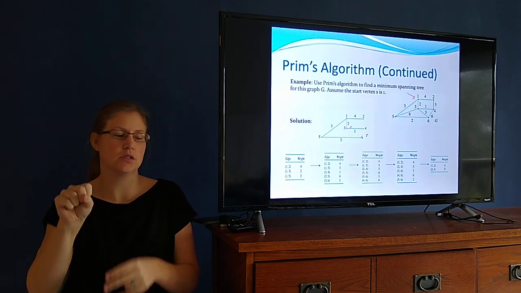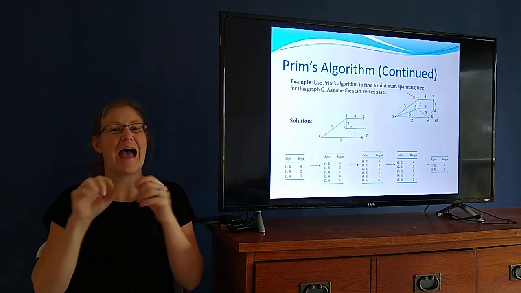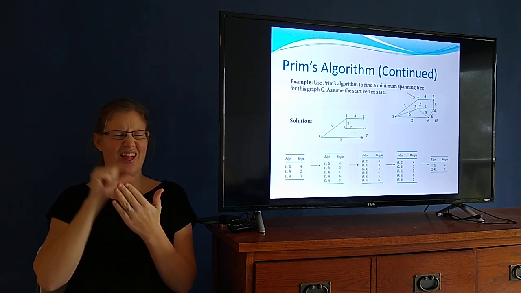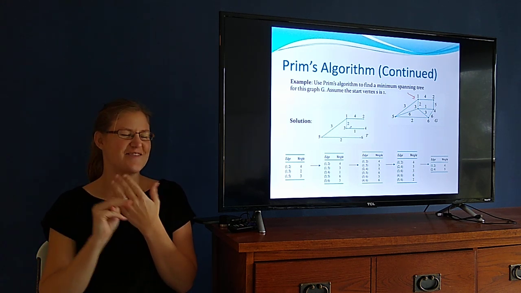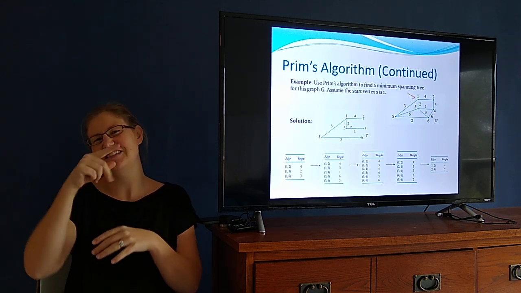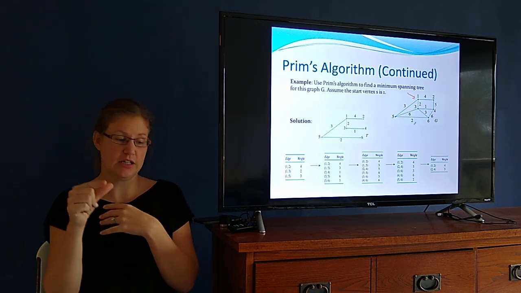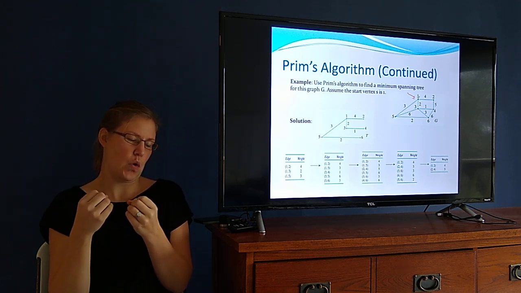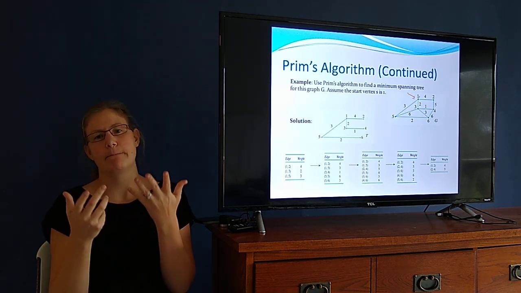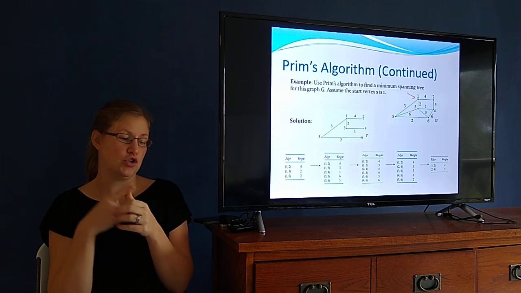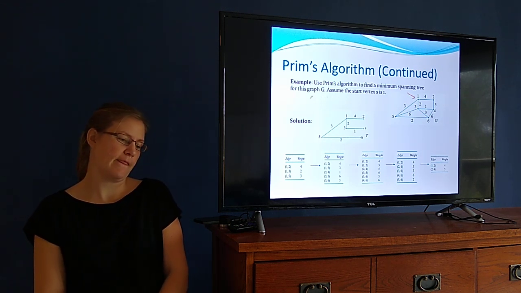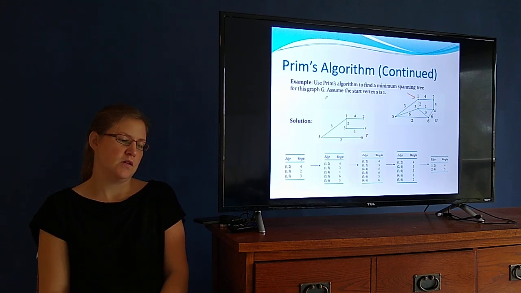But the question now is how to use Prim's algorithm to find the minimum spanning tree in the graph G. First, we have vertex 1 given here. Let's construct the spanning tree starting with only 1. I'm going to redraw this graph.